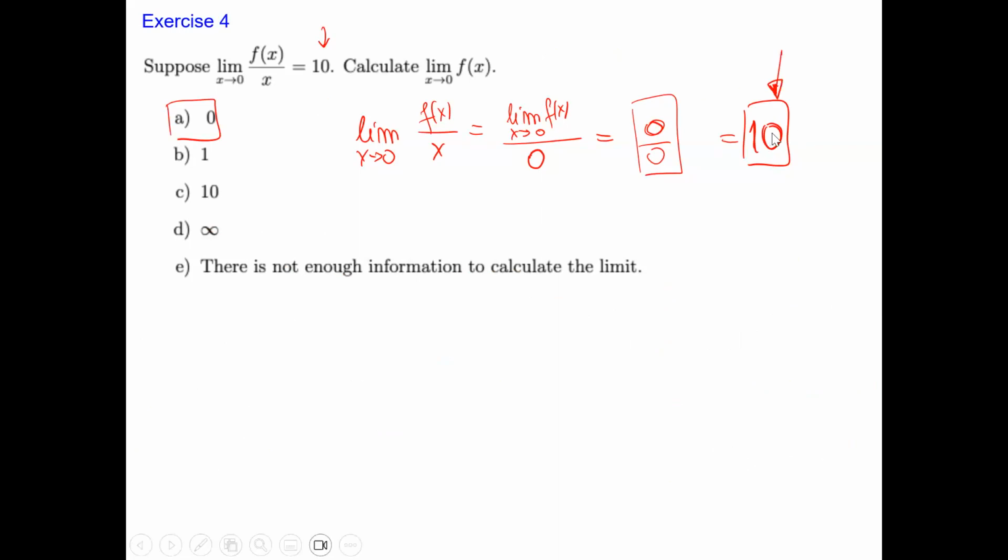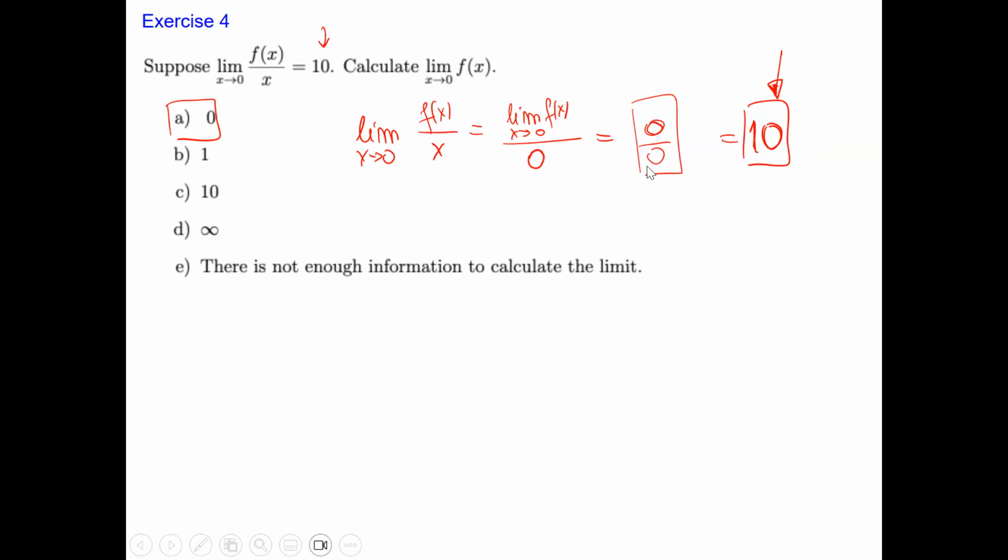If this will be infinity, then we will not have enough information, but it will be 1 or 10. But to figure out what this limit is, then we don't know. If we will not know that value 10.